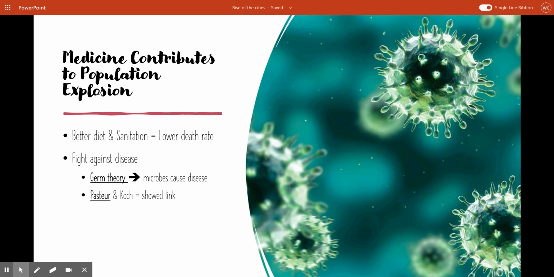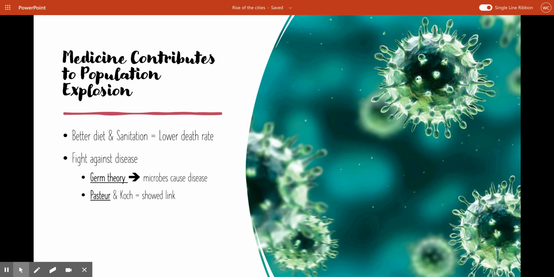As they get better at understanding this, you get a handful of people, for example, the French chemist Louis Pasteur, the German doctor Robert Koch, and the British doctor John Snow. These scientists are able to prove that there's a link between these unseen germs and getting sick, and that is called the germ theory.